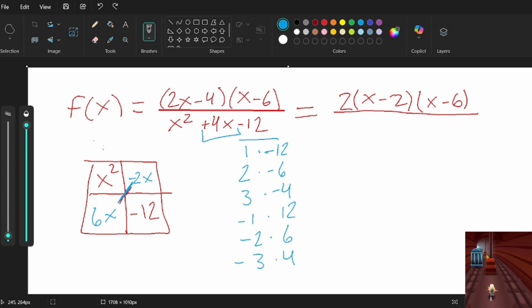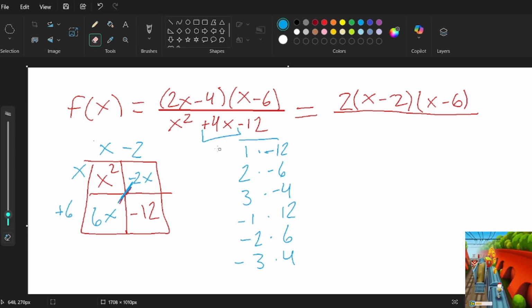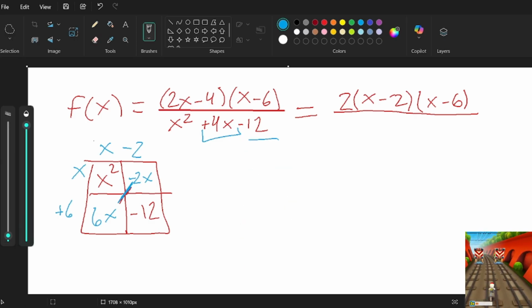So I know that x times x gets me x squared. And then I need the minus 2 and the plus 6. I'm just going to erase. Right, I did this factoring in this box method because I wanted to turn this function in my denominator, this part of my fraction, into factored form.